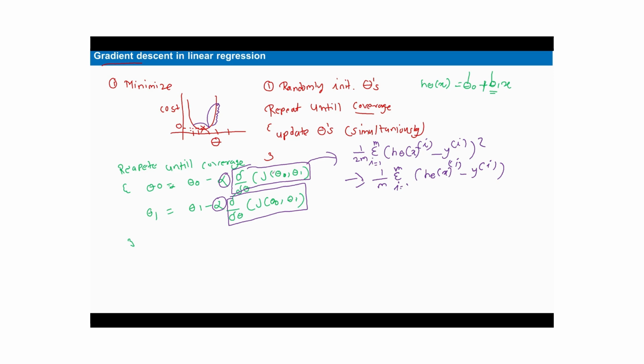For theta equal to 1, we need to use the same term, but multiplied by x1, the feature currently associated. With respect to theta 0 no specific feature is associated, but with theta 1 we have a specific feature, so that feature we need to multiply here. So this is for theta 0 and this is for theta 1.